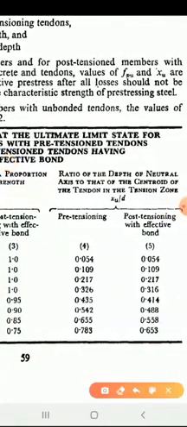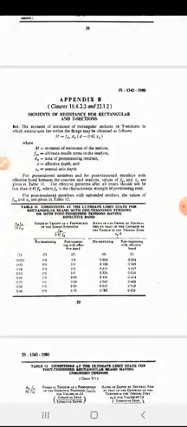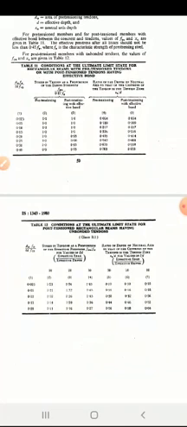By using the second equation, XU by D, using the fraction, you can know the value of D and calculate XU. If it is a pre-tensioned member, take this value directly; if it is a post-tensioned member with effective bond, you can take this value. So this is about table 11.